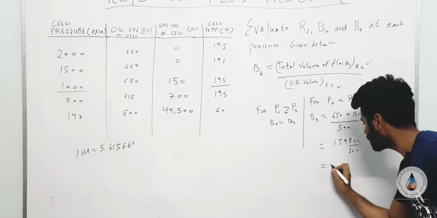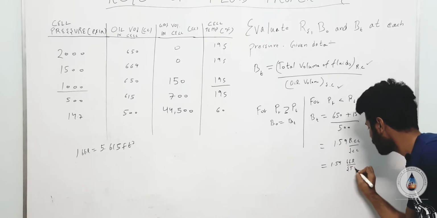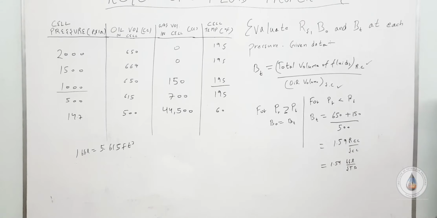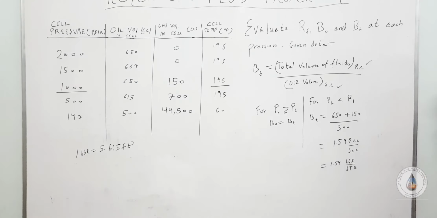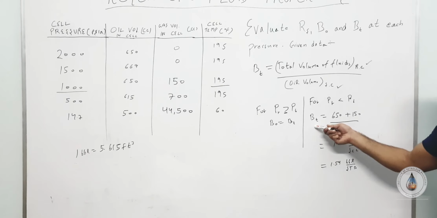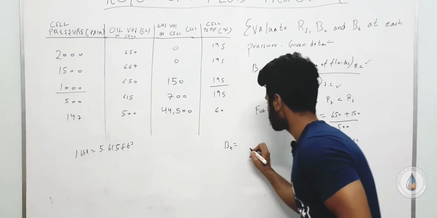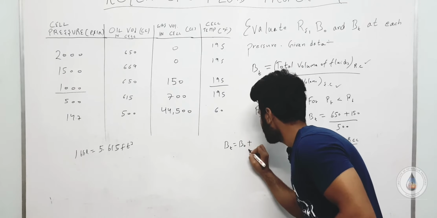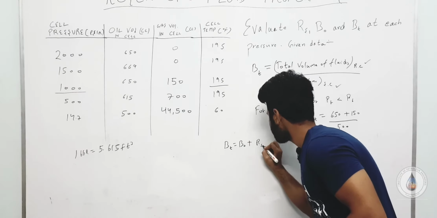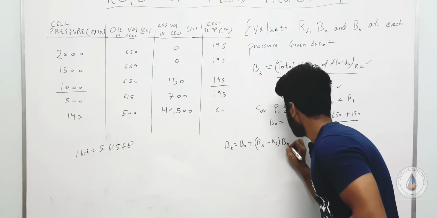I can also write it as barrel per stock tank barrel, because barrel is at reservoir condition and stock tank barrel is at surface condition, so it is a unit conversion. But we have also discussed another formula to evaluate the value of Bt, which was Bt equals B naught plus (Rsi minus Rs) into Bg.